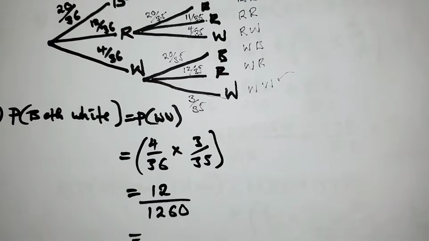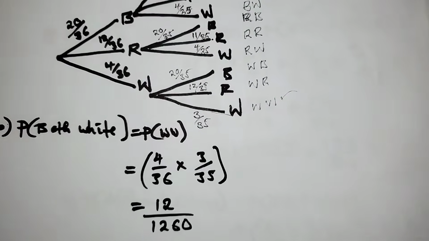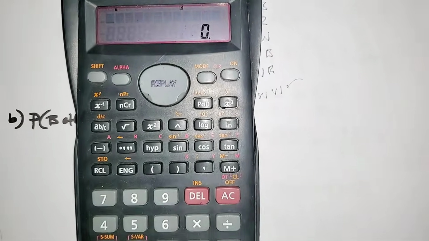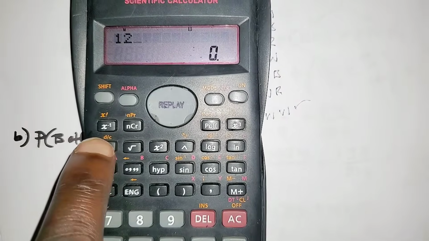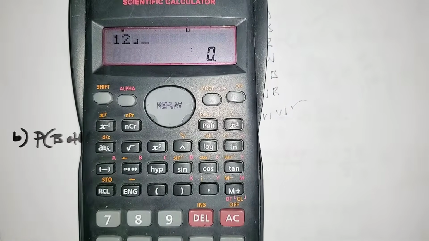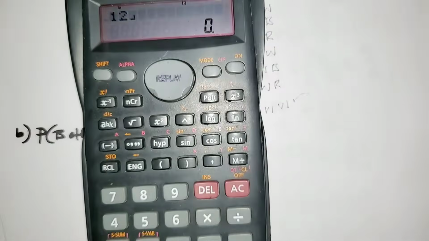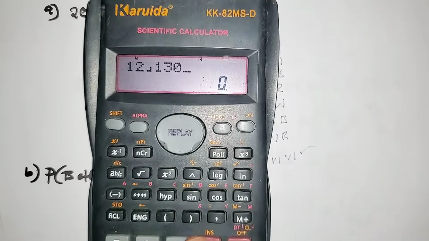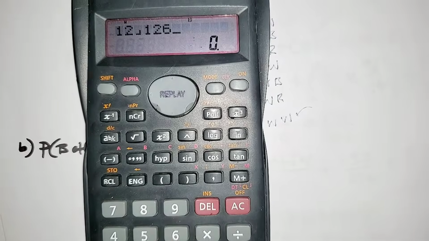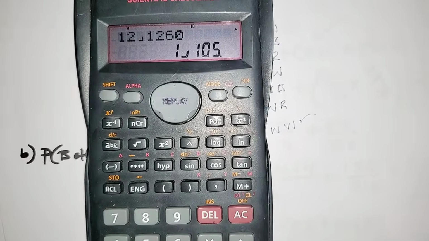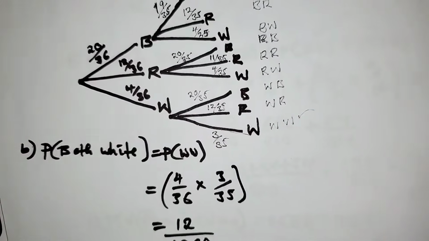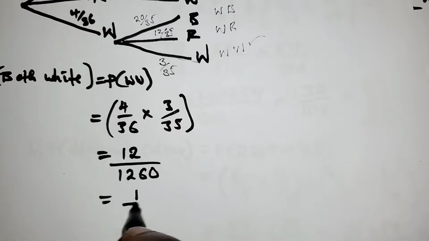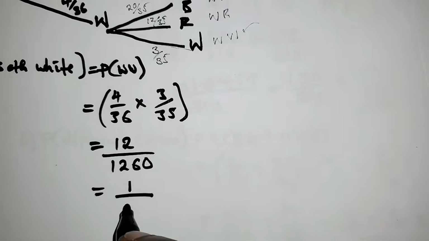Remember what I told you in part 1 of this probability: you use a calculator and punch in 12 over 1260 and press equals, and it will reduce and find the final answer for you. This is paper 2, you don't have to struggle. You are using a calculator. So 1 over 105 is the answer.